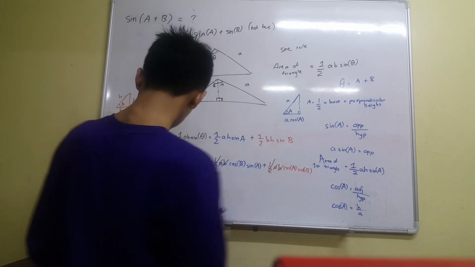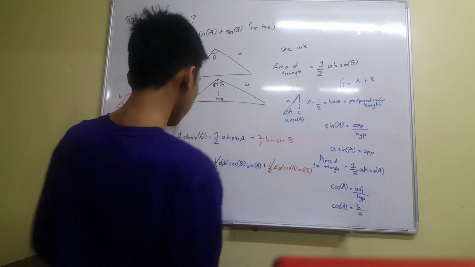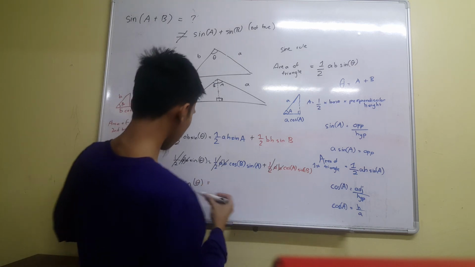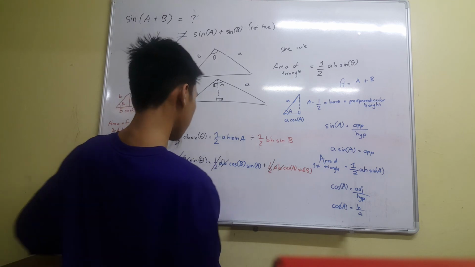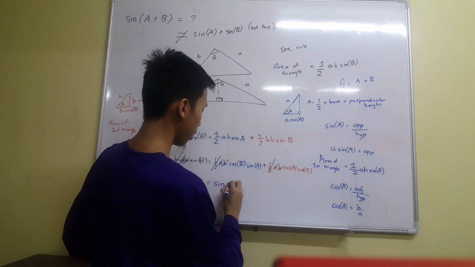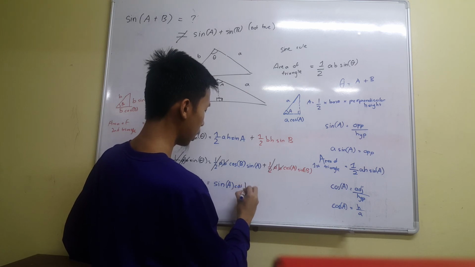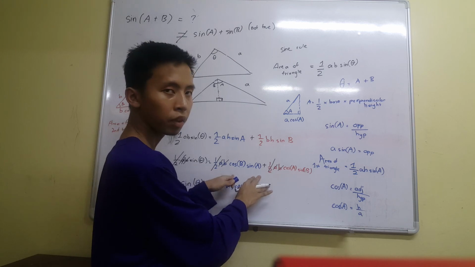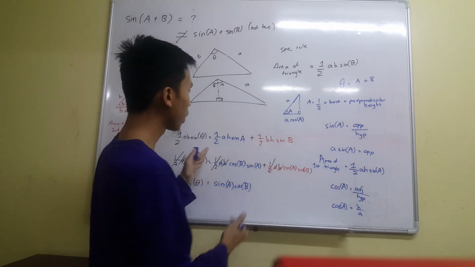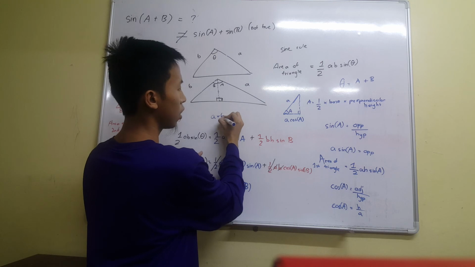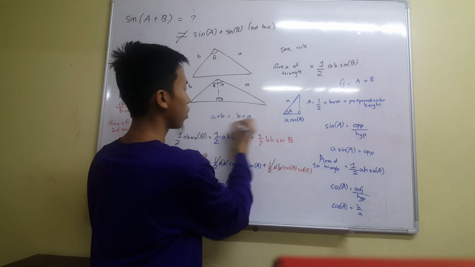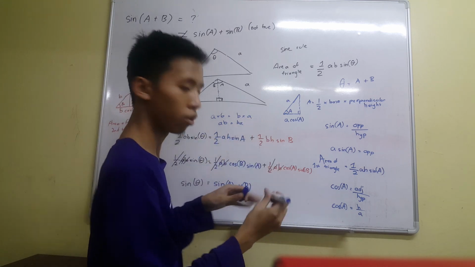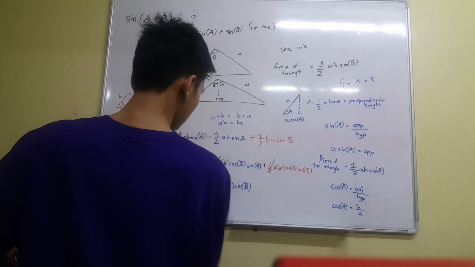So what are you left with? You are left with sine theta is equal to sine A cos B. It doesn't matter whichever way you write them, it's the same because they are multiplying. A times B is equal to B times A, so AB is equal to BA. Don't worry about that.